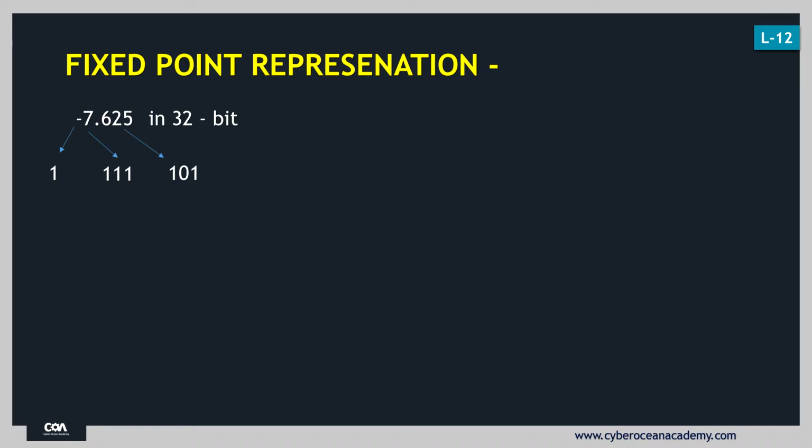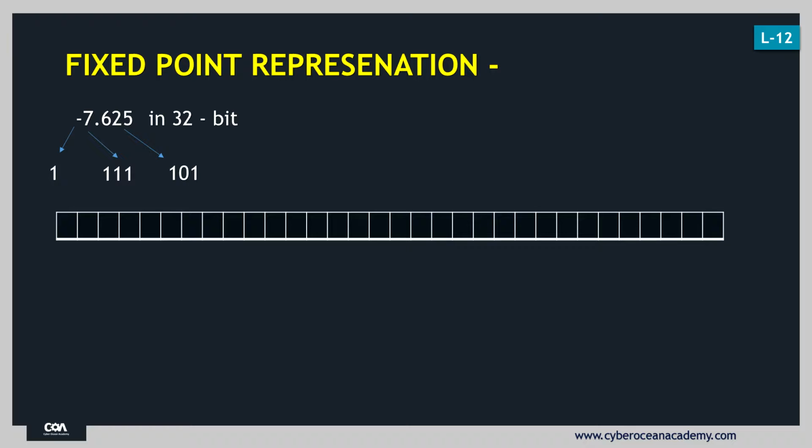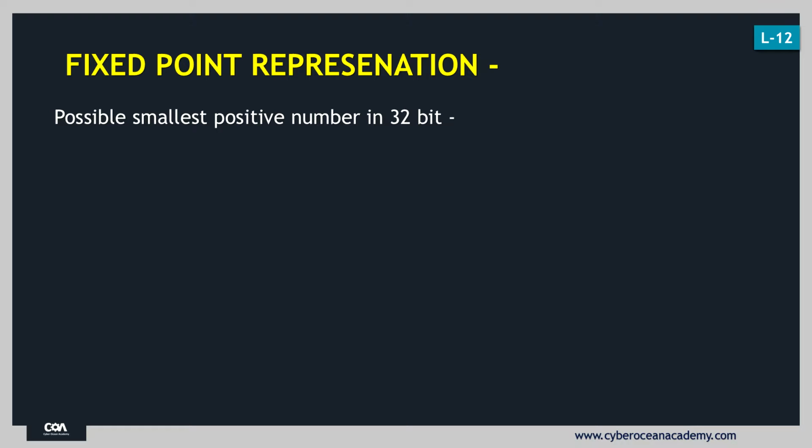Now we write down the binary pattern. The fractional part has 16 bits, so we write 101 for 0.625 and the remaining bits become 0. For 7 we have 15 bits for the integer part, so the value becomes 111 and the remaining bits become 0, and the sign field becomes 1, that is, a negative value.